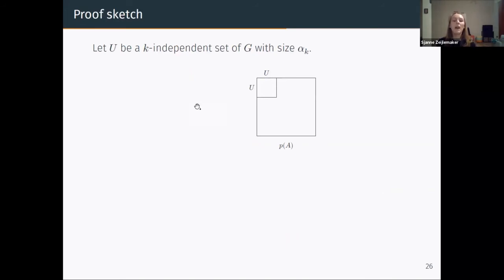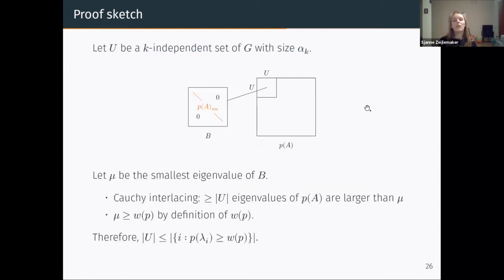So suppose we have a maximum k independent set with size alpha k. Now by just permuting the vertices, we may always assume it's in the top left corner here of this matrix p(A). And we know what this block must look like. It's k independent, so it has no walks of length k between either of the vertices. So that means it only has potentially some non-zero entries on the diagonal.